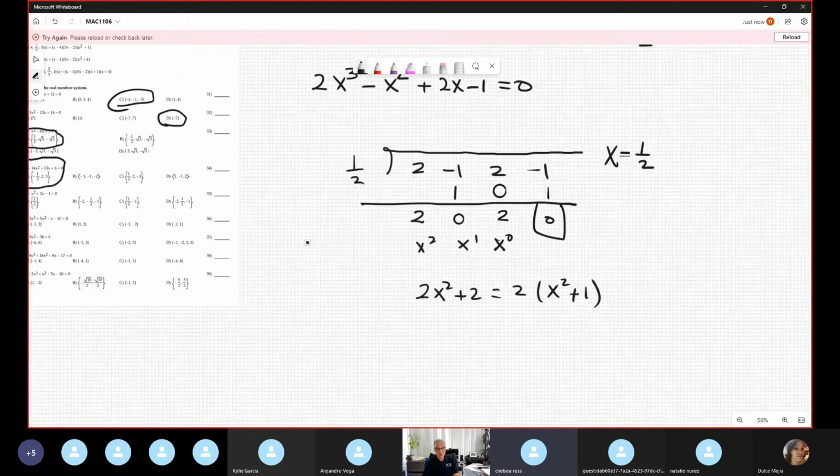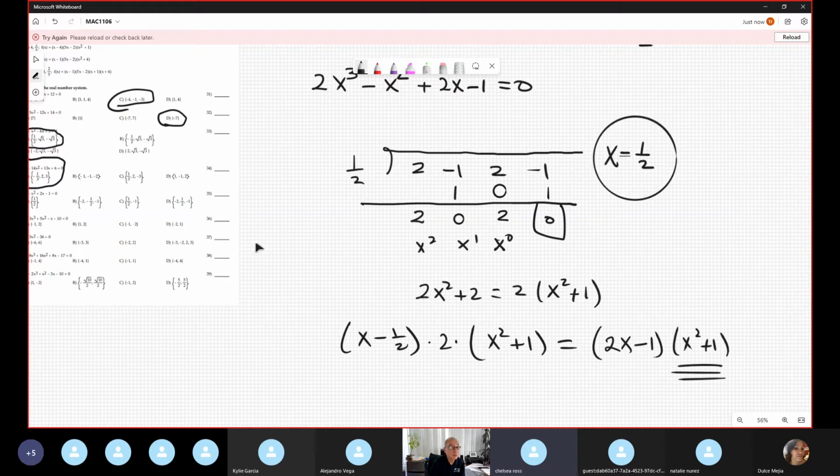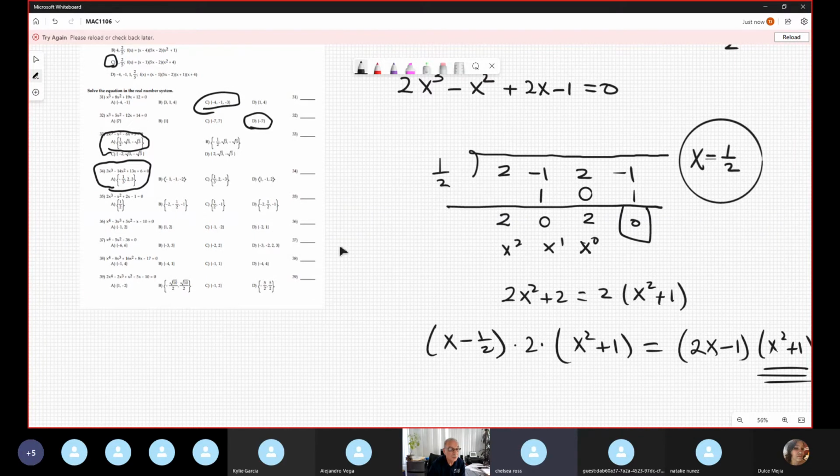Now the factorization, if you want to write it, this is optional, is x minus 1/2 times 2 times x squared plus 1. Of course, these two multiply and convert the fraction to a whole number: 2x minus 1 times x squared plus 1. But it is obvious that that part is imaginary. The only real factor is this. Exactly as I predicted in Desmos. Option A. Option A.